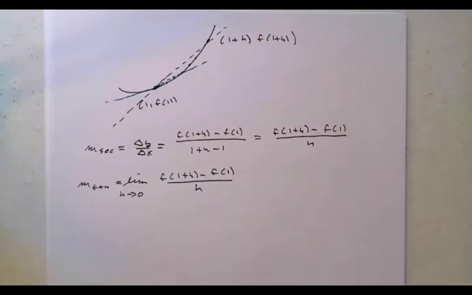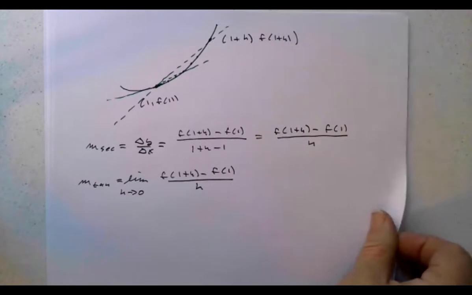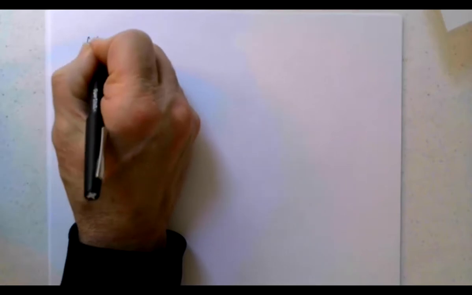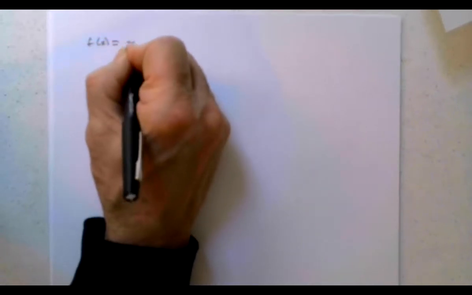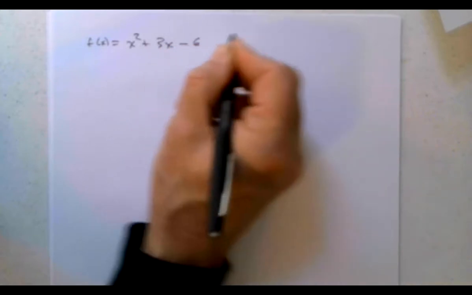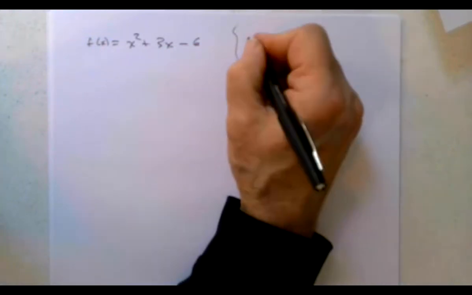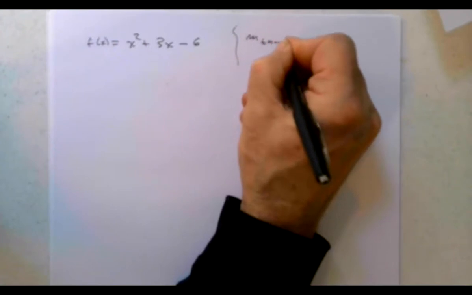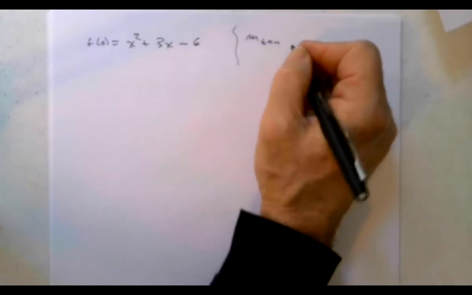So our example here is x squared plus 3x minus 6. So let's go ahead and use that. So we have f of x is x squared plus 3x minus 6. We said over to the side that the slope of the tangent is the limit as h goes to 0.